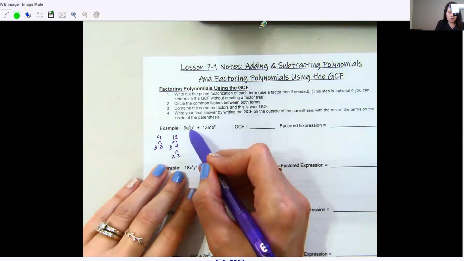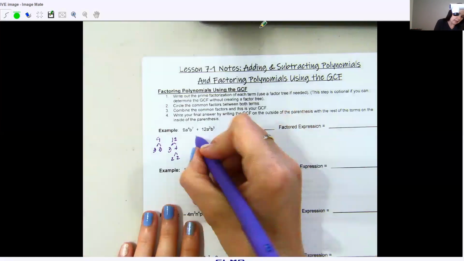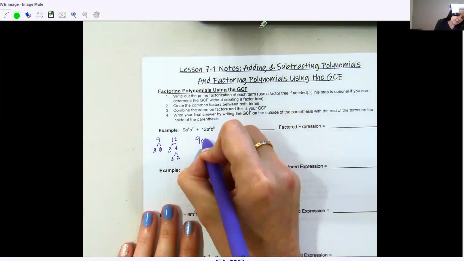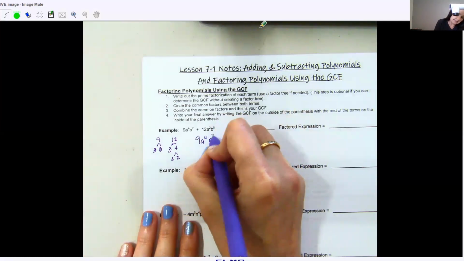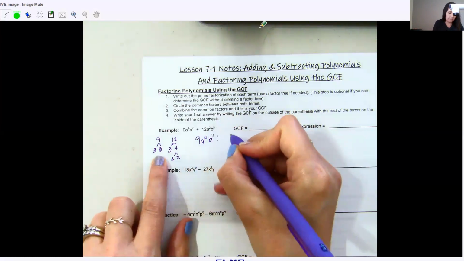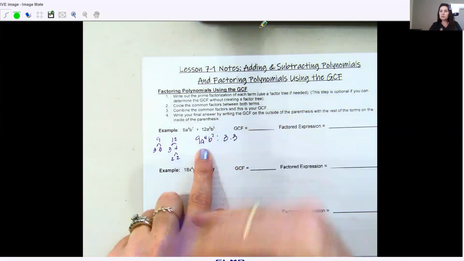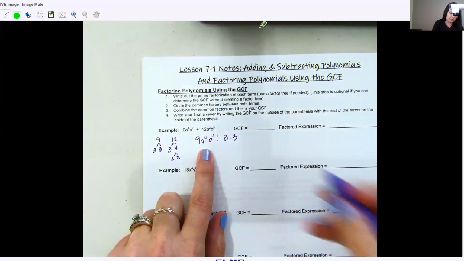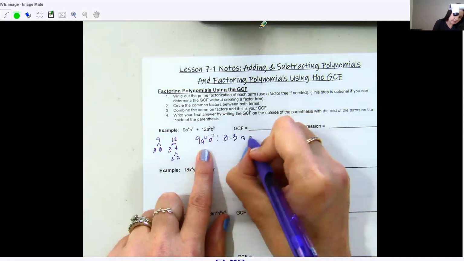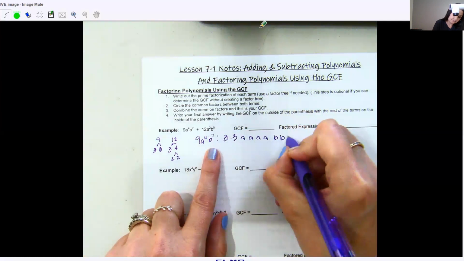Now I'm going to take each term, each monomial, and factor it all out. Okay, so I take 9a to the 4th b to the 7th, and my coefficients, or my numbers here, are 3 times 3. And then I'm just going to spread out all of my variables. So I have 4 a's, and I have 7 b's.